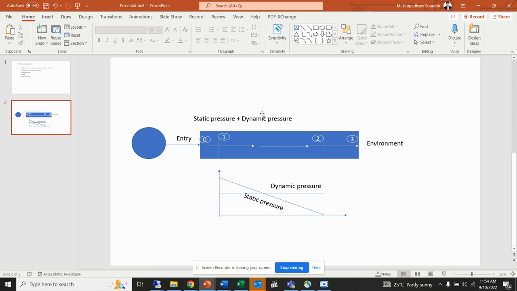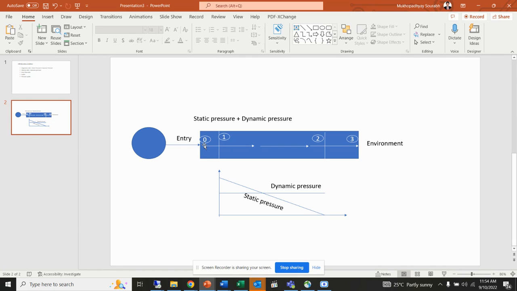And dynamic pressure is nothing but the kinetic pressure, whatever is the kinetic energy. Through the system, dynamic pressure remains constant and static pressure reduces like this, because static pressure is to overcome the system resistance. Now, when you are applying the stagnation inlet boundary condition, the code understands, suppose at point 0 you are defining stagnation inlet maybe 100 pascal.